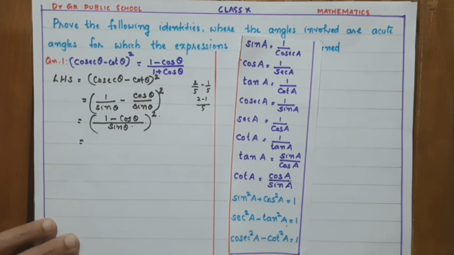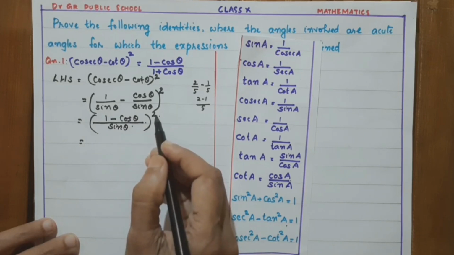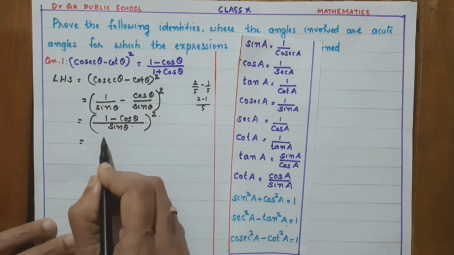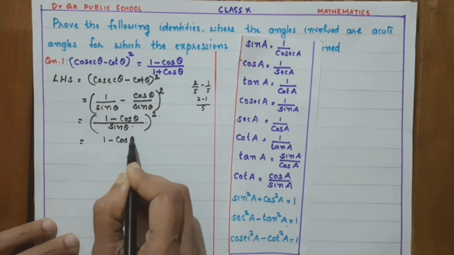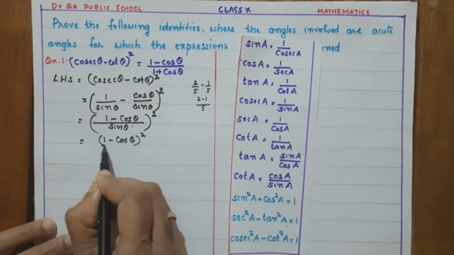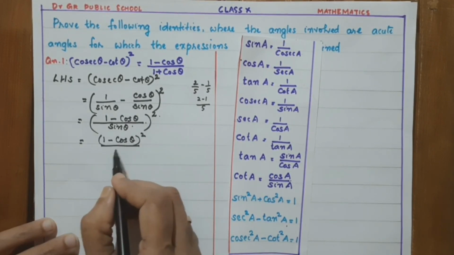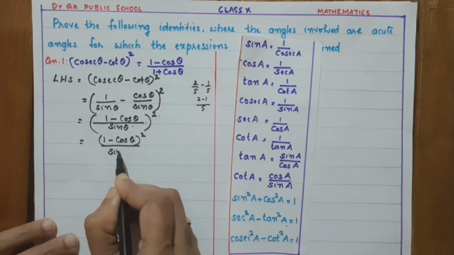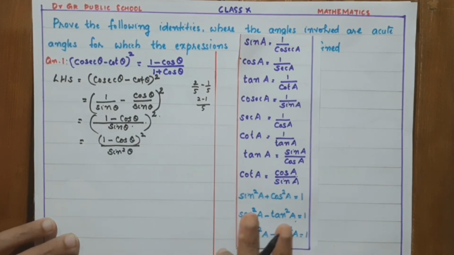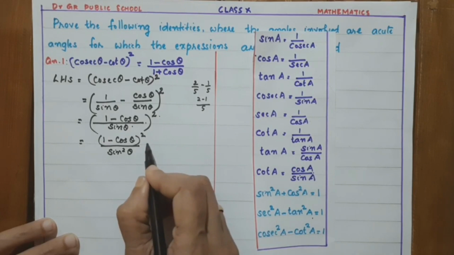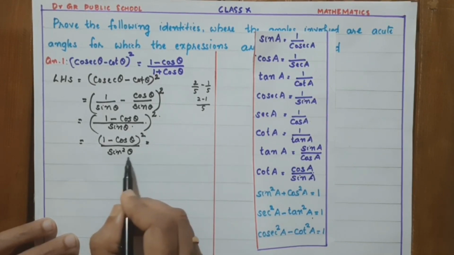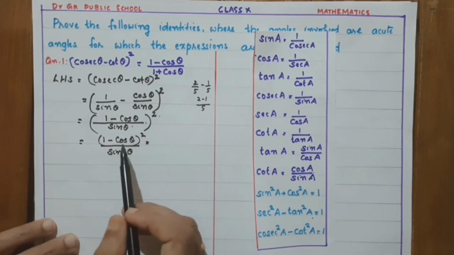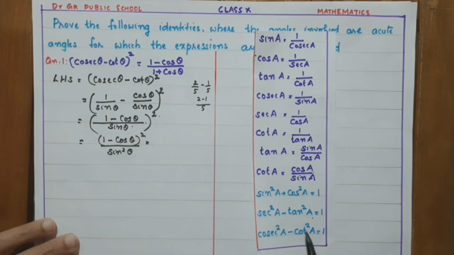Okay, for that, see I am writing this whole square separately. Numerator 1 minus cos theta the whole square, by sin theta the whole square. Sin theta the whole square can be written as sin square theta. Now how can we convert this sin square theta also into cos theta?